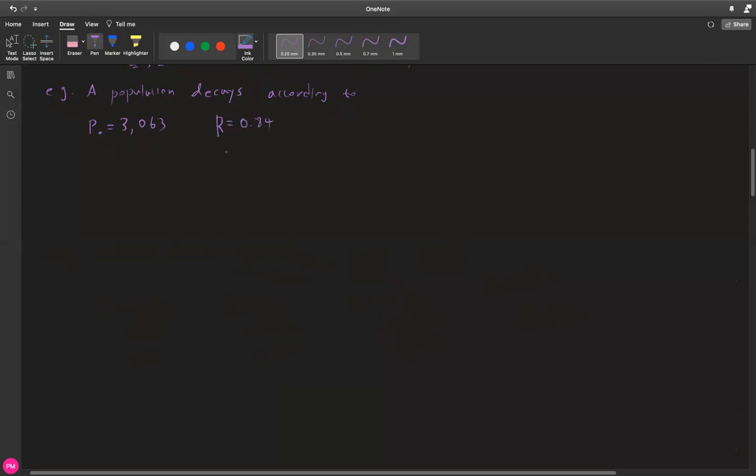So here we should understand that since the common ratio is defined as 1 plus the growth rate, when this whole thing equals 0.84, this implies the growth rate is negative, sorry, negative 0.16.